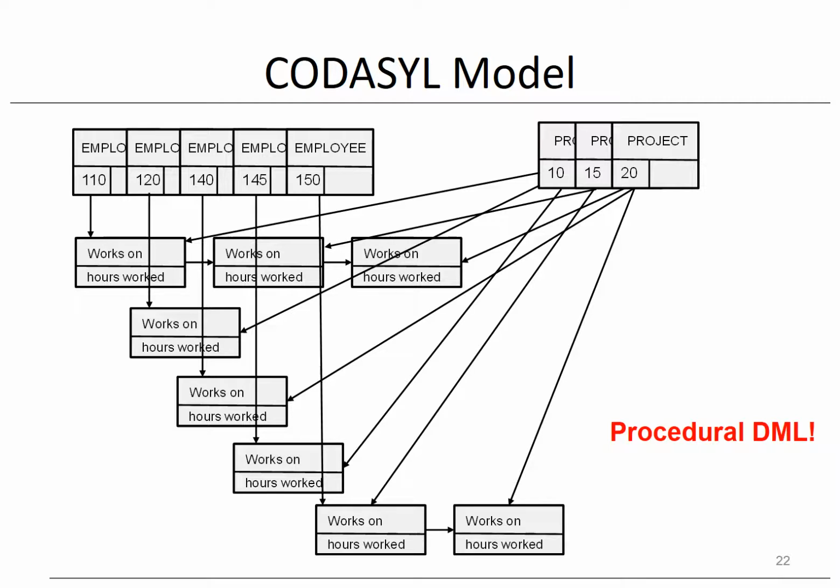This implementation of N-to-M relationship types has serious implications for data usage. Suppose we have a query which asks for all projects an employee is working on. To solve this query, we first need to select a set in the set type between employee and works on.